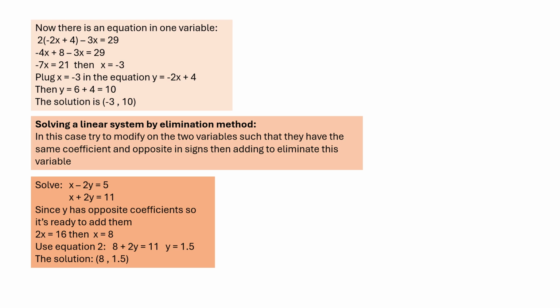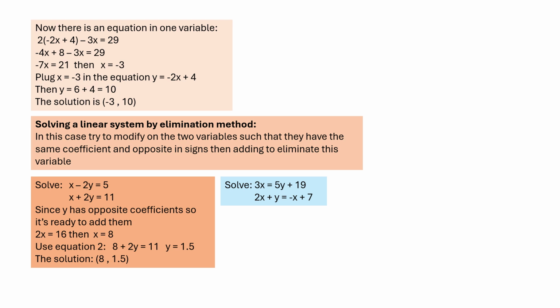As you see, since y has opposite coefficients, it is ready to add. When you add the two equations, you get 2x equals 16, then x equals 8. Use equation 2 and plug in x equals 8, so 8 plus 2y equals 11. When you solve for y, you get 1.5, so the solution is (8, 1.5).